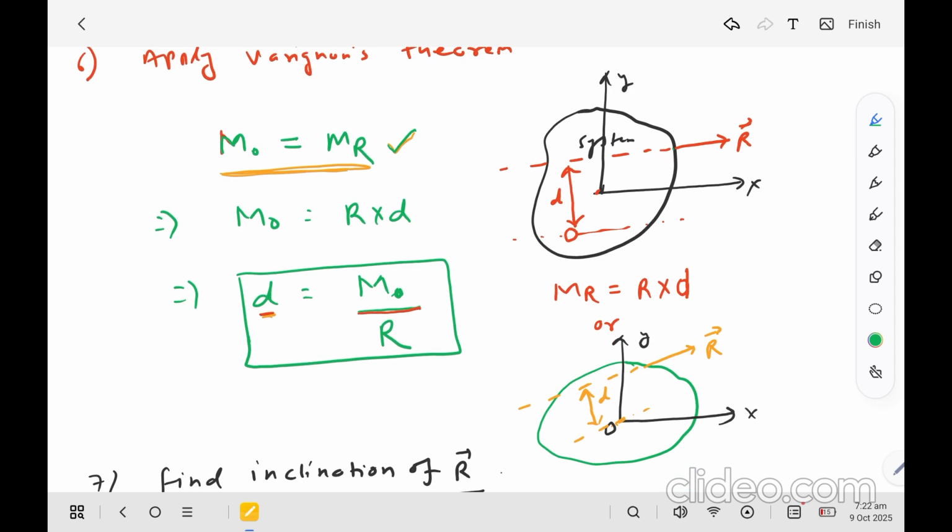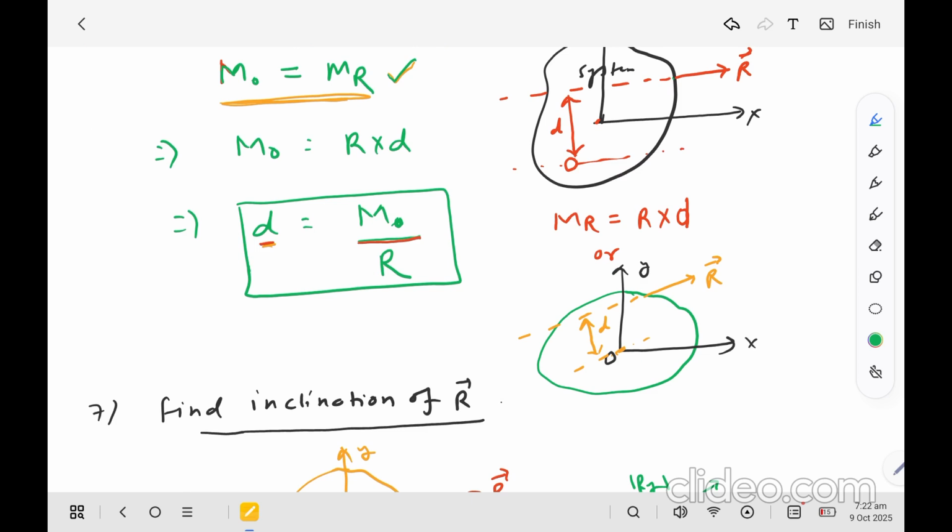Then we apply the Varignon theorem, meaning the algebraic sum of the moments of all forces is equal to the moment of the resultant about this reference point. After doing this calculation, we find the distance of the resultant from that given point on the body.